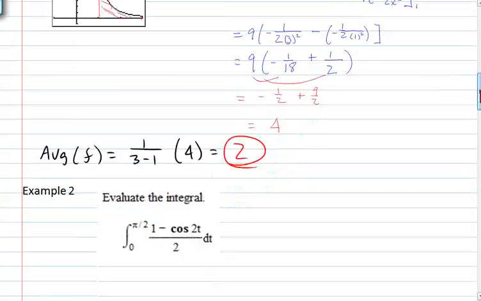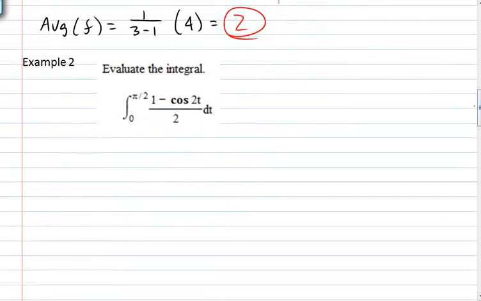Next problem. Evaluate the integral from 0 to pi over 2 of 1 minus cosine 2t dt. Do we have a double angle formula that we can use to simplify this? Yes, sine squared. Yeah, we ain't doing that.